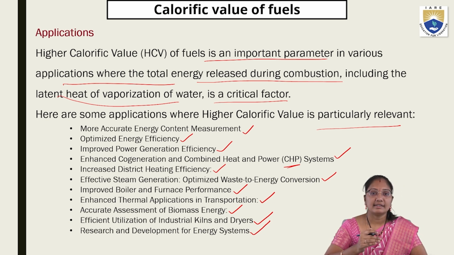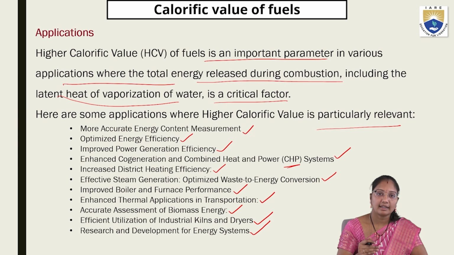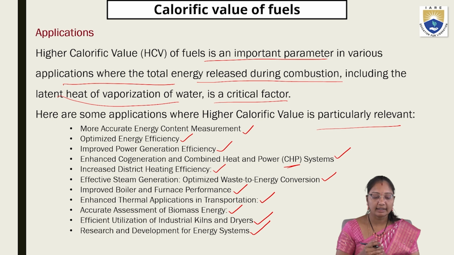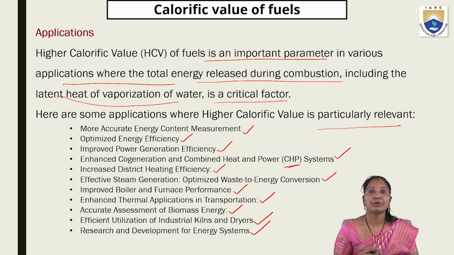By using the HCV, the higher calorific value, we can know the accurate and improved power generation systems, as well as the systems in industries, even in the cleans and dryers, as well as boilers and furnaces.